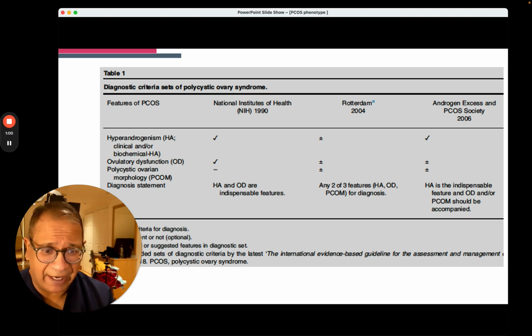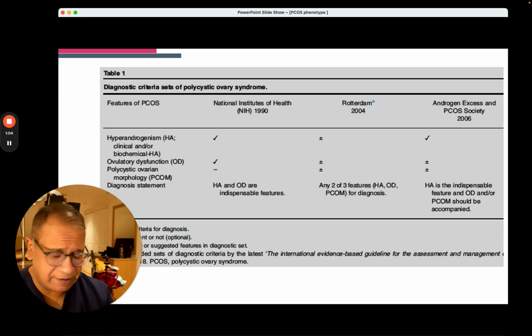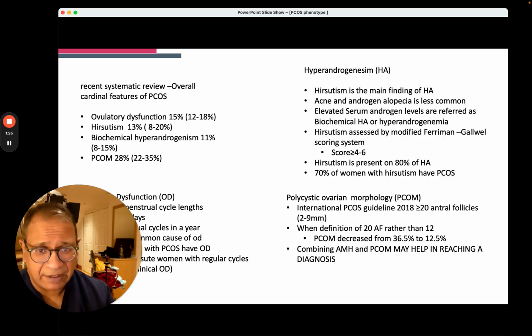If you look at NIH, hyperandrogenism and ovulatory dysfunction are indispensable features. Rotterdam requires two of the three criteria: hyperandrogenism, ovulatory dysfunction, or polycystic ovarian morphology. And in the androgen excess classification, hyperandrogenism is an indispensable feature. So if you see this, there doesn't seem to be much consensus.